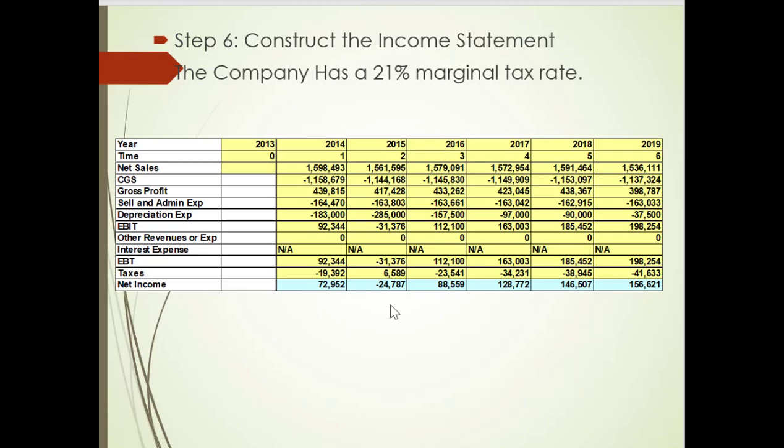Why negative income? Well, we have negative income because we have a huge depreciation expense that year. And that's the way depreciation is supposed to work. It reduces the amount of taxes that we have to pay on our income. So now here we have our net income.